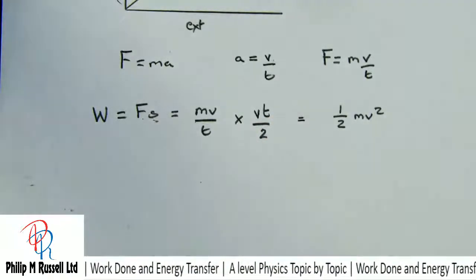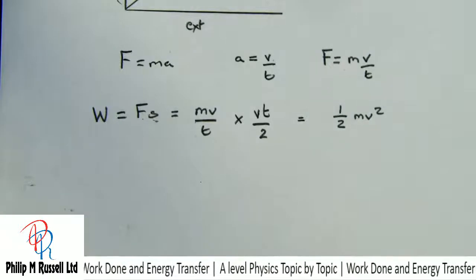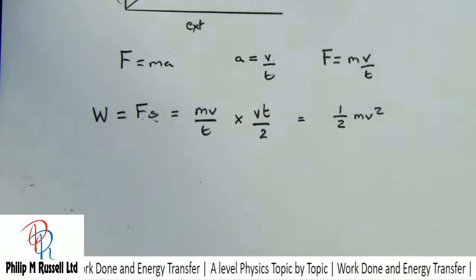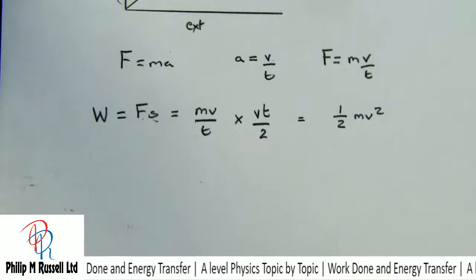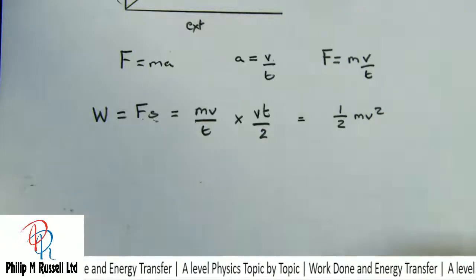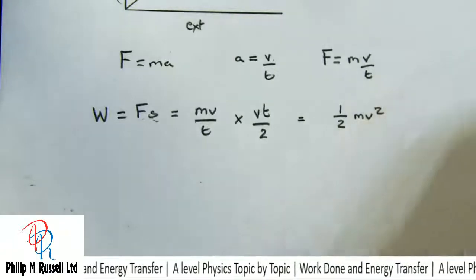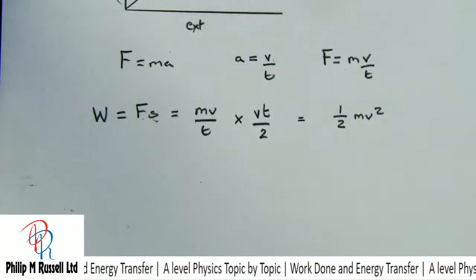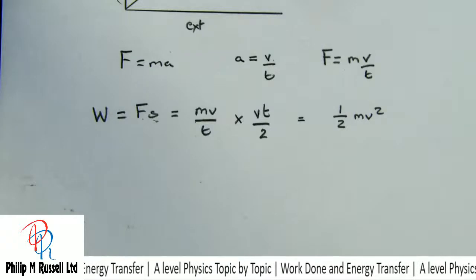The t's cancel out. And there's my kinetic energy. We know they change, they move from one to the other. So we can work out the movement of all sorts of fairground machines.